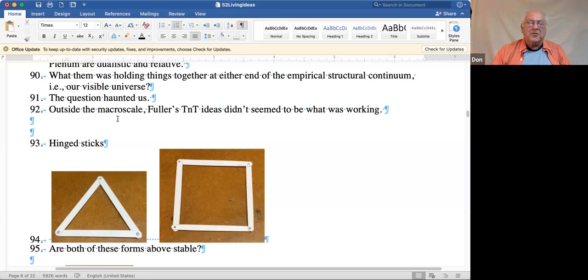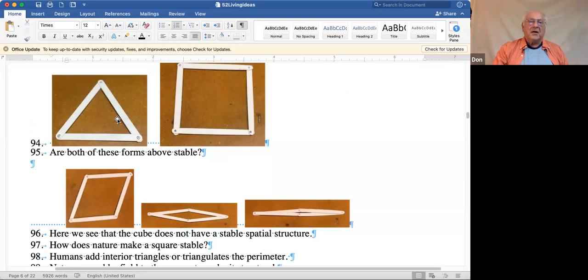And to my absolute amazement, so often the scientists I'm addressing have to think about it. Some get it right away, but I'm telling you, the majority have to think about this, which shows a complete lack of structural understanding, to me. So as we can see, it is the square that is not stable.